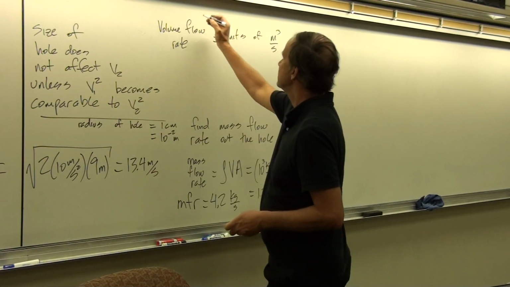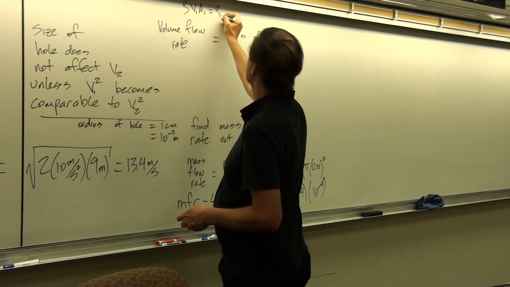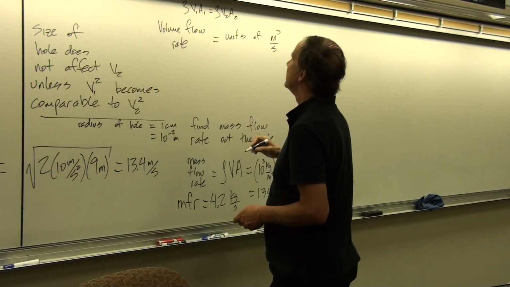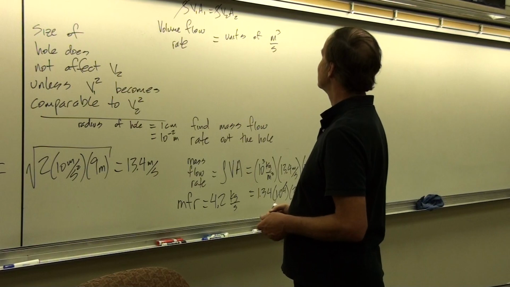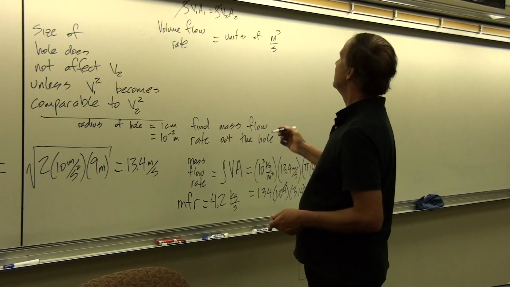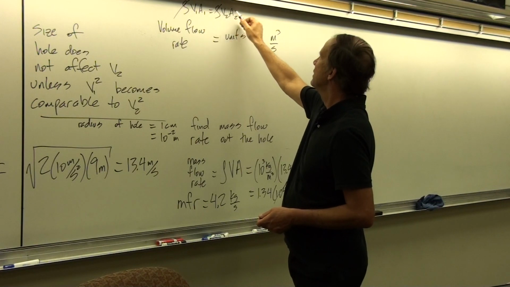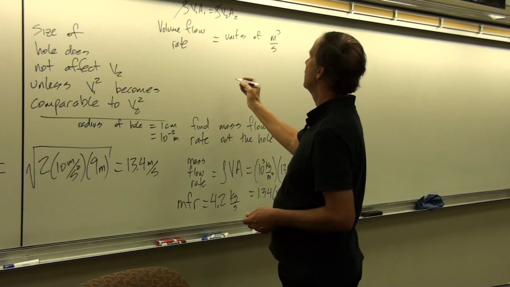We can get that from just taking density times velocity times area equals density times velocity times area at some other point, and then canceling out the densities. Okay, so if the densities are gone, then we have units then of meter cubed per second. Okay, so that's what we want.